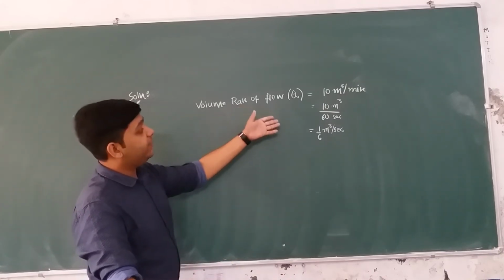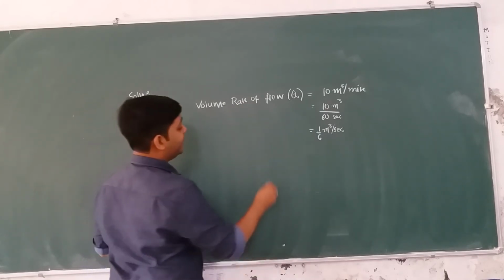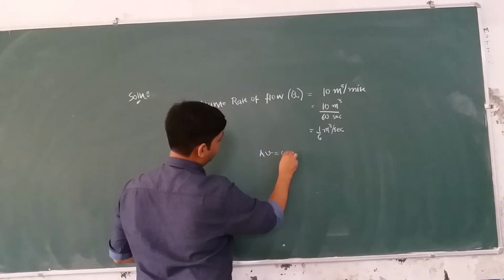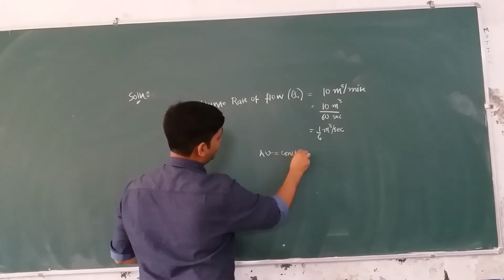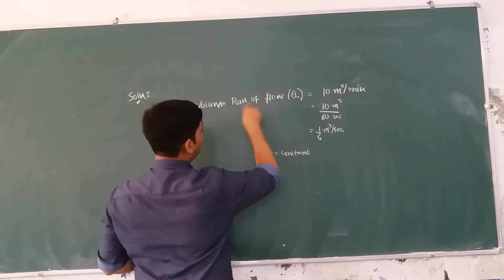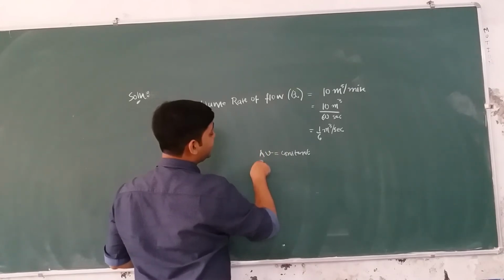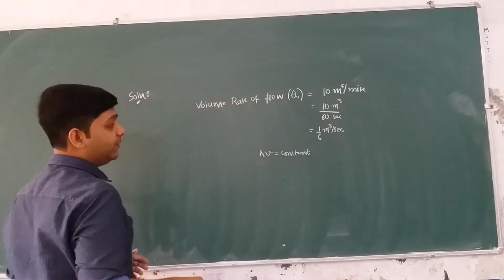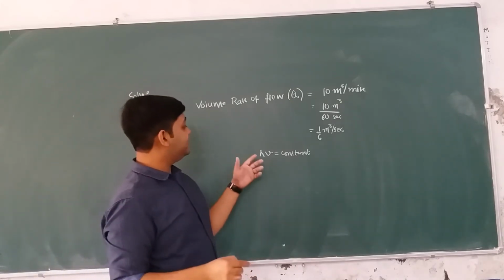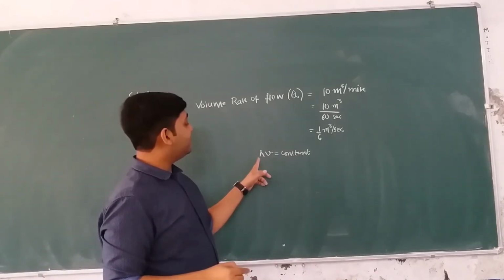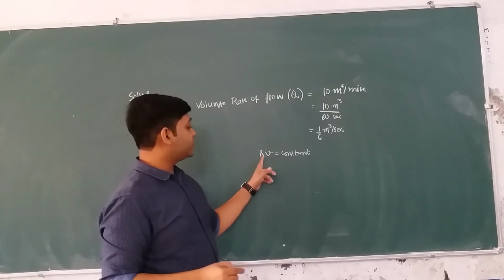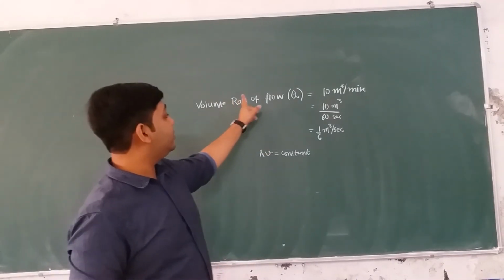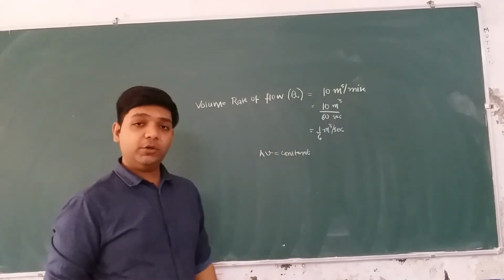So what is AV? By equation of continuity, AV is equal to constant, and I already told you that volume rate of flow is nothing but the product of area of cross section and the velocity. हमने बर्नौली's थ्योरम के टाइम पे इस चीज की बात करी थी that the product of area of cross section and the speed of the liquid is nothing but the volume rate of flow, right?